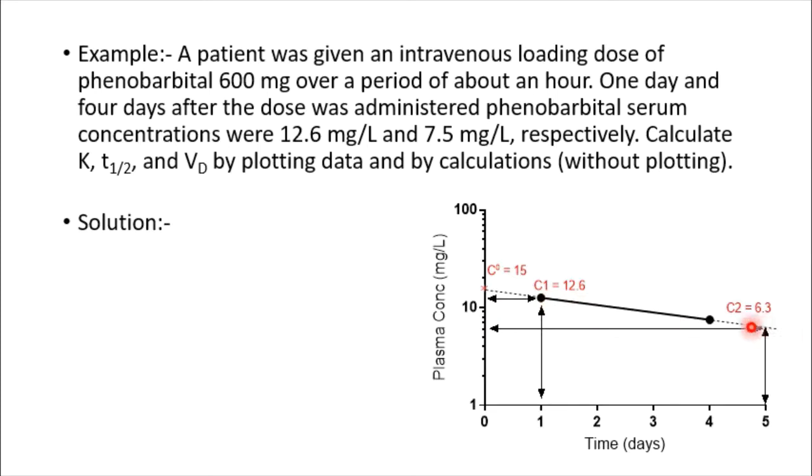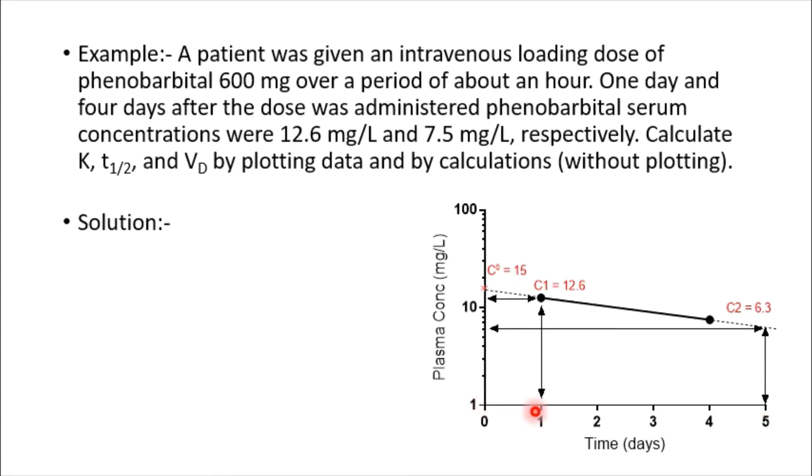This can be done simply by extrapolating the straight line, and then determining the plasma concentration 6.3 from the y-axis to intercept with the straight line, and then we find the time of this point. The time of this point is 5 days. So the time interval between half the concentration and the initial concentration is 4 days.